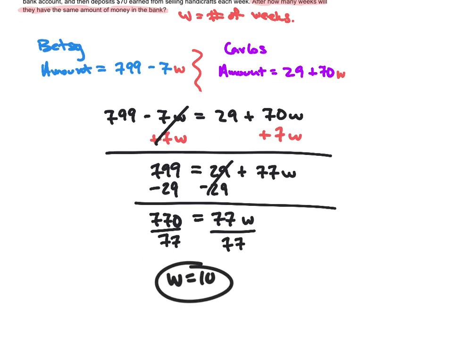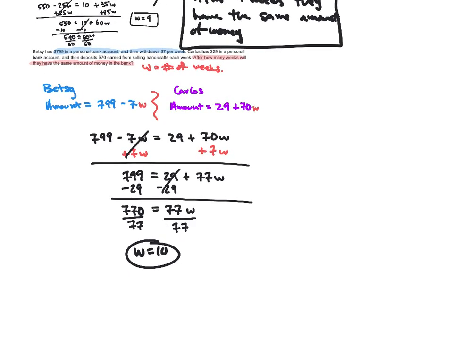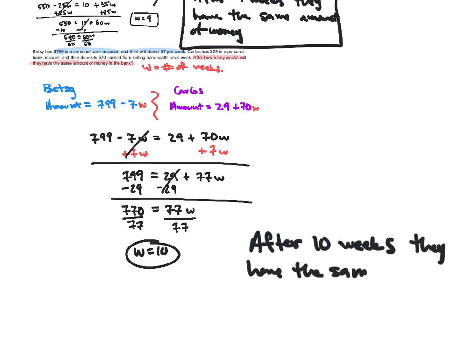Now, in context of the problem, remember what W represents. W represents the number of weeks. So, to answer this question, I would say after 10 weeks, they have the same amount of money in their bank.